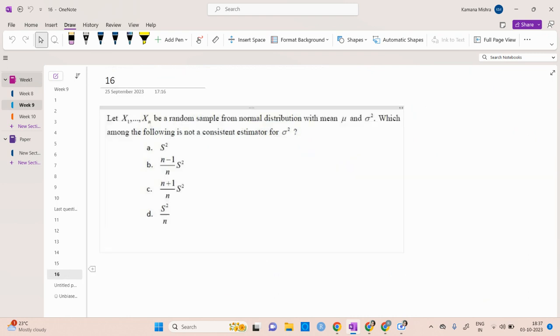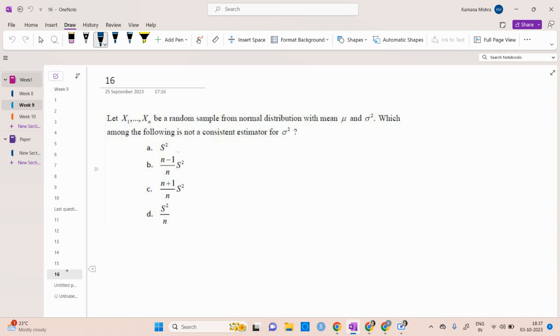Now the last question here is: which among the following is not a consistent estimator of sigma square? If you have gone through the classes, you must know that s square is the consistent estimator of sigma square, right?